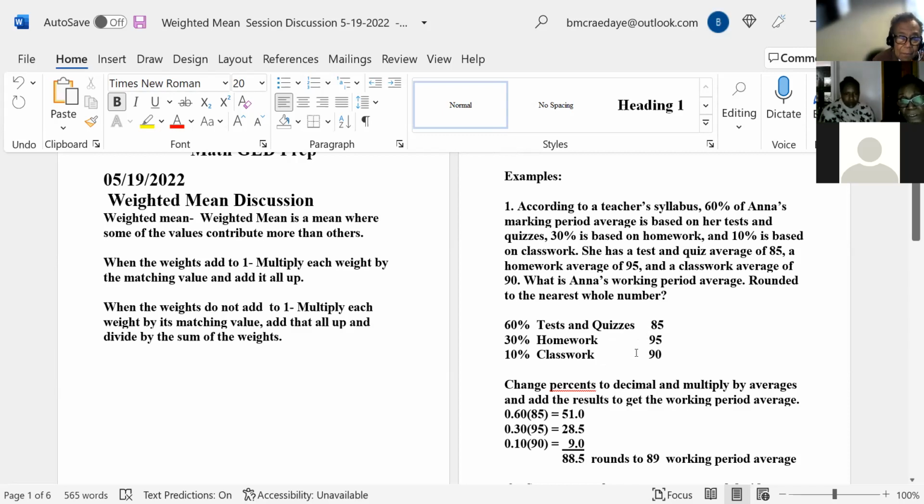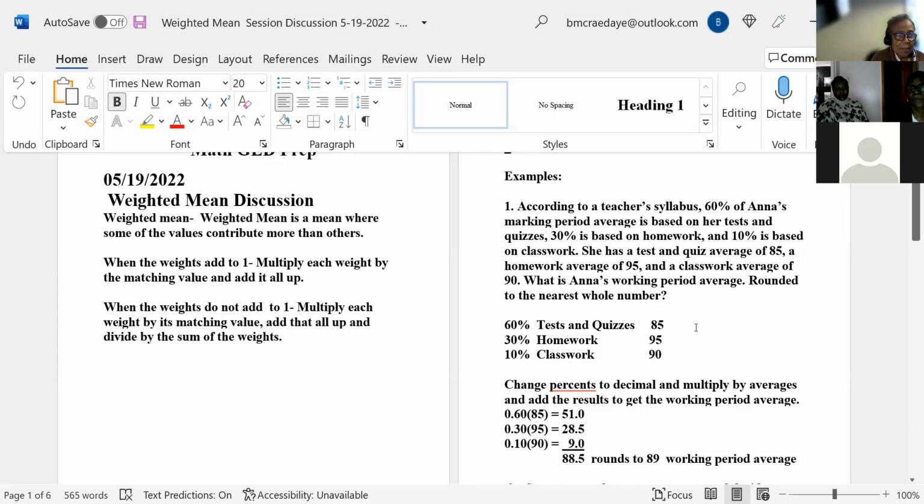So you're saying it's based on the regular mean? The regular mean, if I didn't assign weights here, Alva, I would just add 85, 95, 90 and divide the total by 3. That would be the regular mean. But I'm giving 60% for the tests and quizzes, 30% for the homework, and 10% for the classwork.